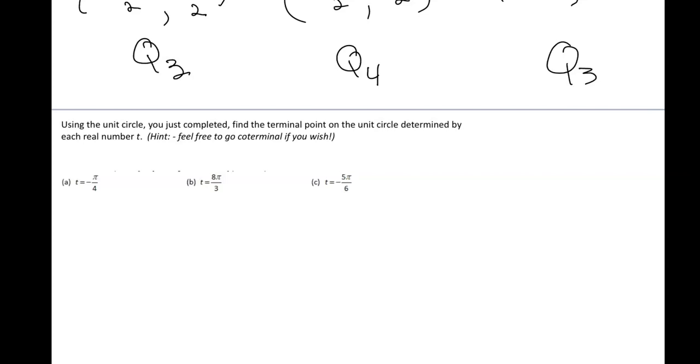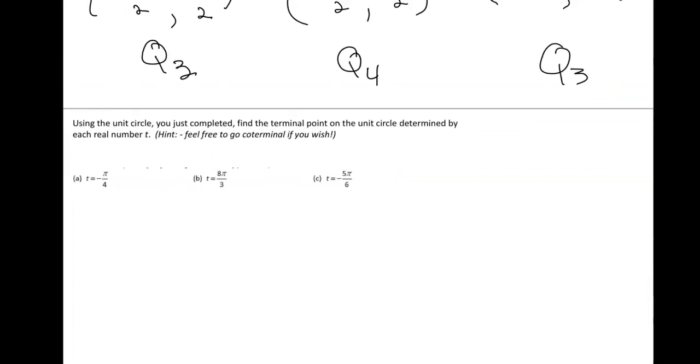Okay, this next one says using the unit circle you just completed, find the terminal point on the unit circle determined by each real number t. Hint, feel free to go coterminal if you wish, and I do wish. Okay, if this angle is negative pi over 4, can't I add 2 pi to it to get my value that's on that unit circle?